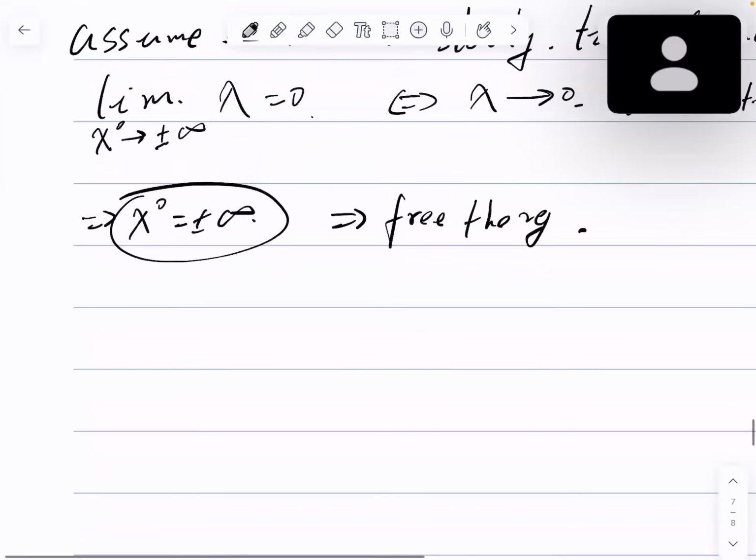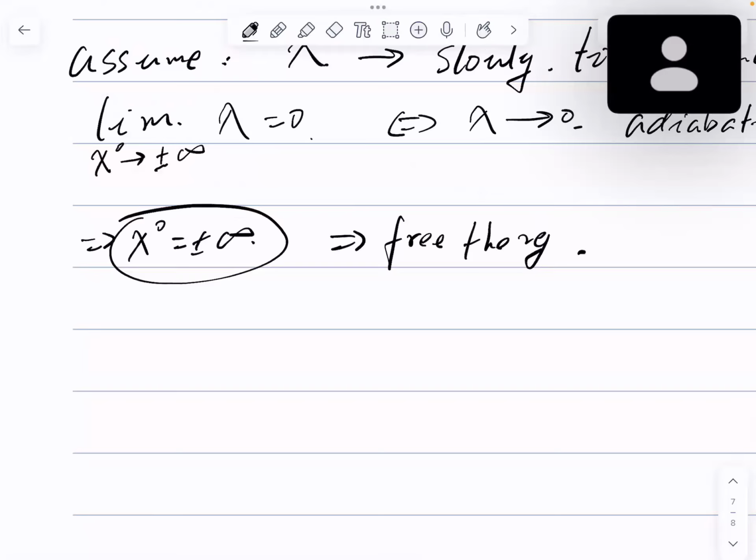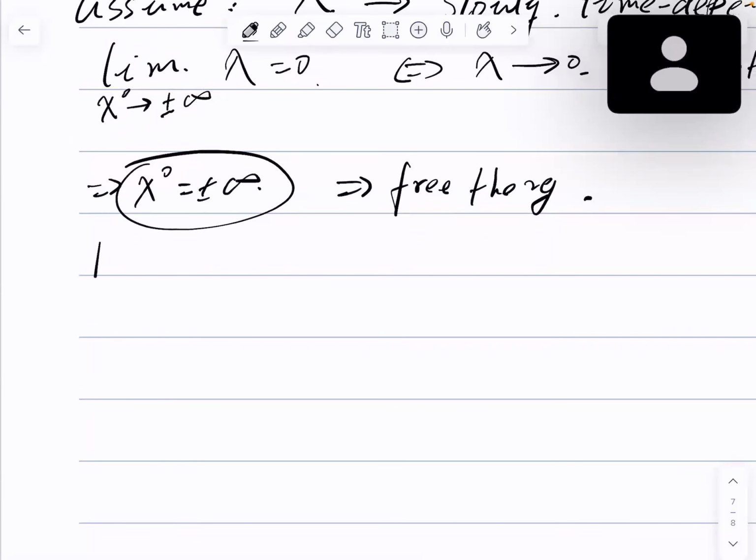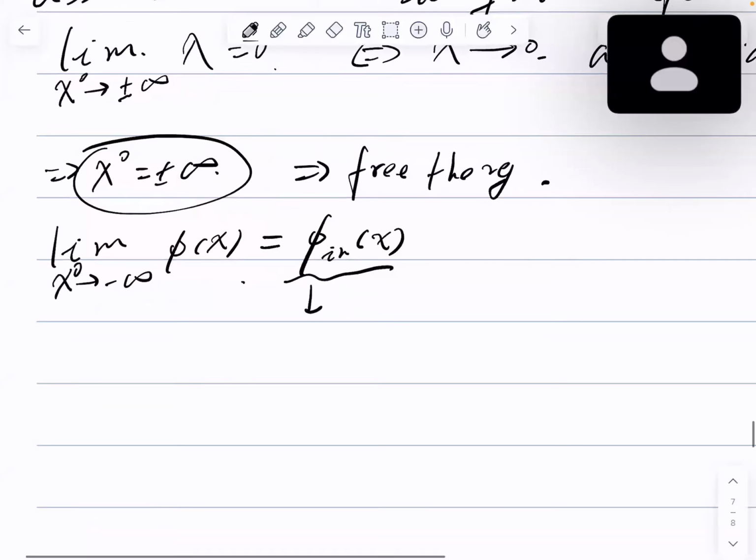Now, not in and out states: we first introduce the in and out free field operators. Taking the limit x0 to minus infinity of φ(x), notice here this φ(x) is the interacting field, not the free field. But if we take this limit, we obtain φ_in(x), and this one is a free field operator.